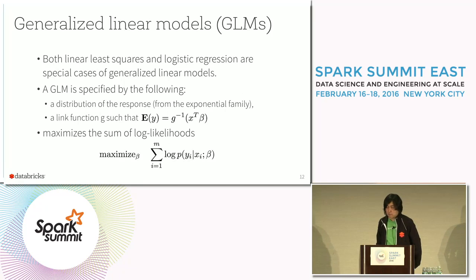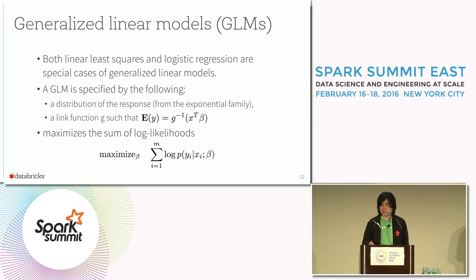Though the formulations look quite different, they fall under the same framework called generalized linear models. They could be specified by the error distribution of the response, and usually this is taken from an exponential family. And also a link function that maps the mean of the responses to the inner product of x and beta.